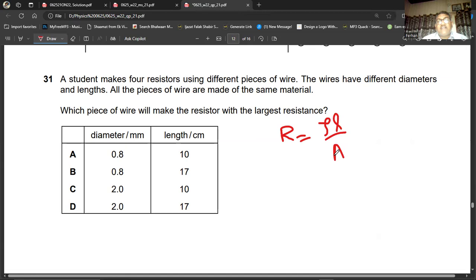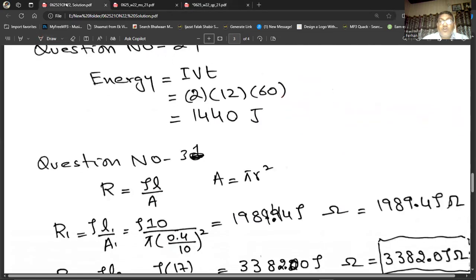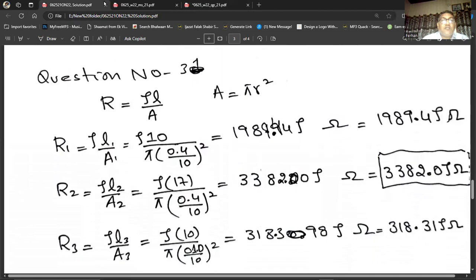The cross-sectional area is not given, but the cross-sectional area is pi r square. I will keep the rho as rho because the density is not given. When I try to compare, all of them have this rho with them. So don't worry about this rho. We do not have its value and it does not matter.